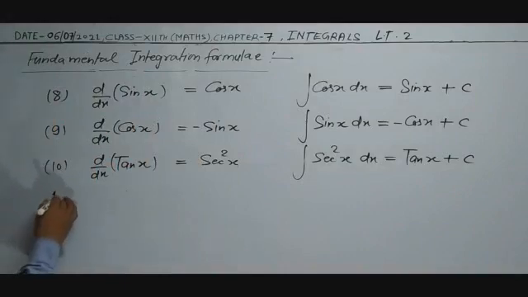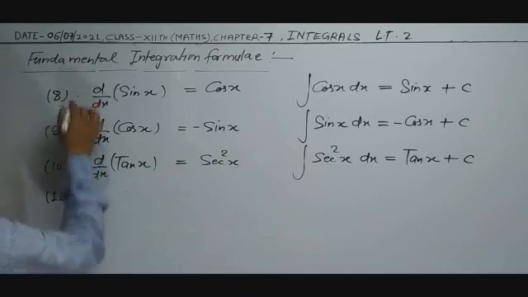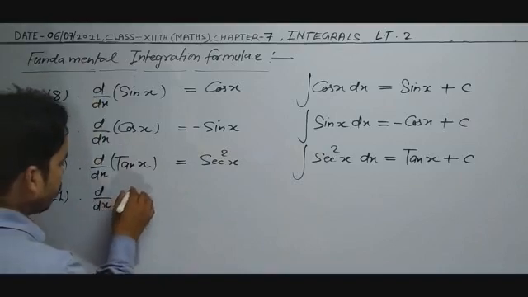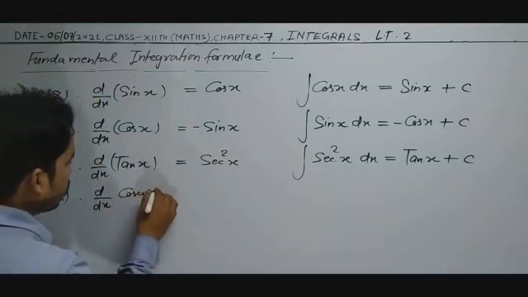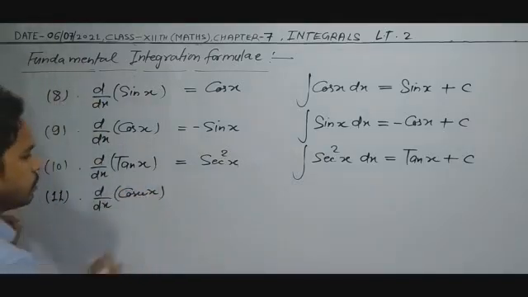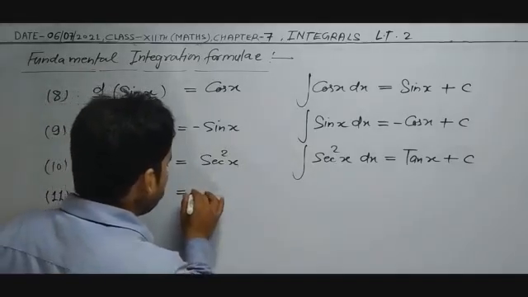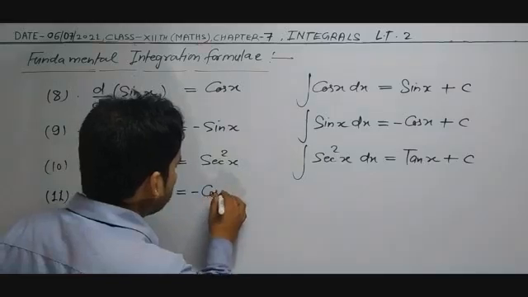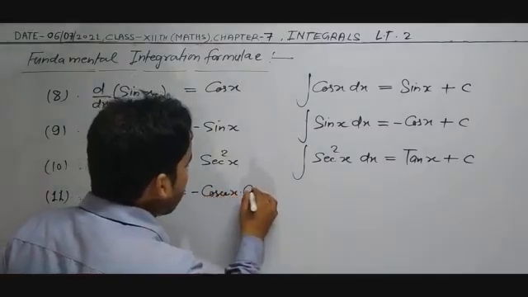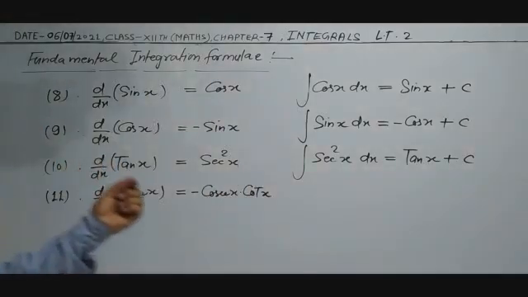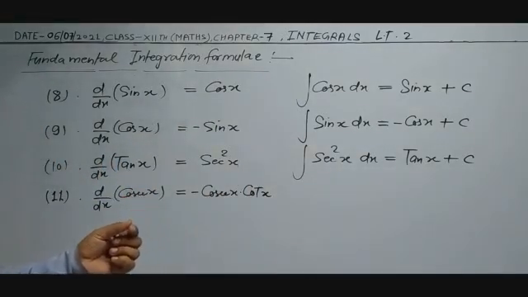Now come to the 11th formula. d by dx of cosec x: you know its result is minus cosec x into cot x. And what will be its antiderivative?